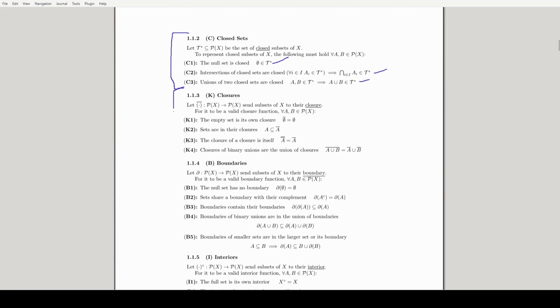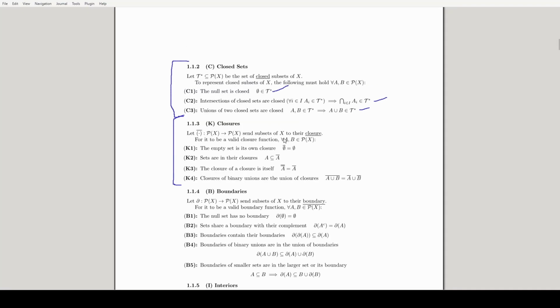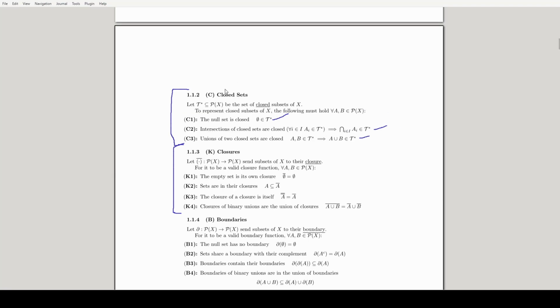So the closure I also covered in my mug donut video. The basic idea is that the closure adds everything the set is touching. That's why closed sets contain everything they touch. If you look at the interval from 0 to 1, there's nothing outside of this that gets touched. Like 0.0, you can get as close as you want.